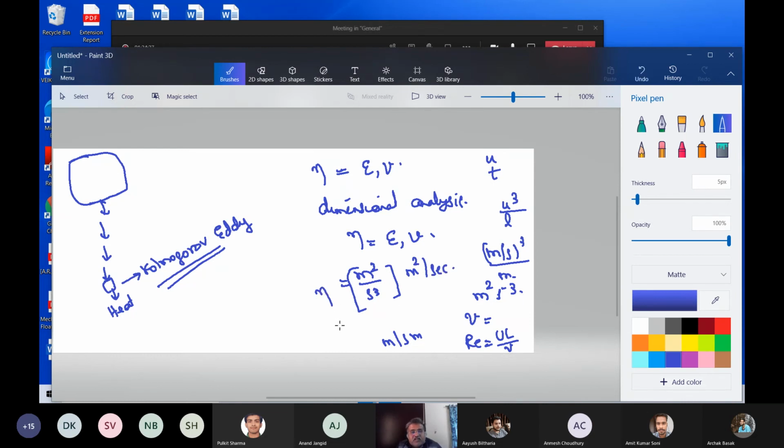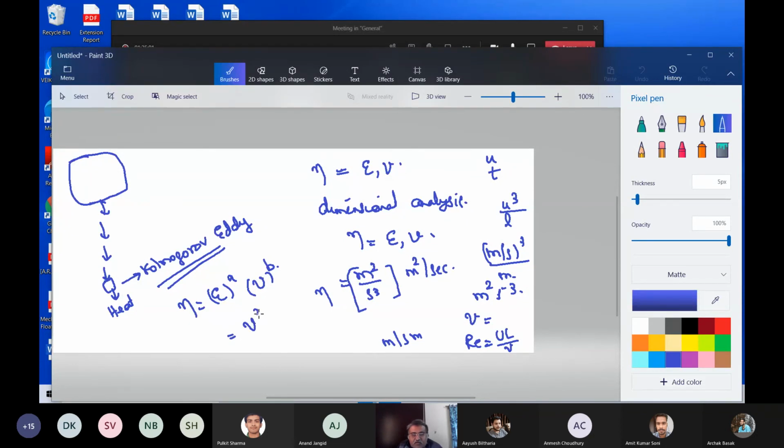So he said that eta is dependent upon epsilon and nu, then eta can be written by dimensional analysis. You should be knowing it. I should not be teaching you dimensional analysis now, because it's something you would have done already. So eta is equal to epsilon to the a, nu to the b.